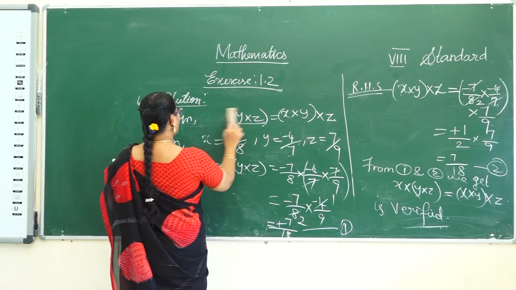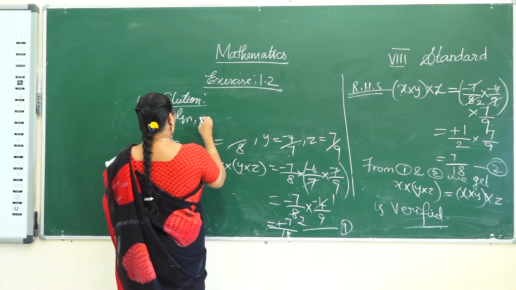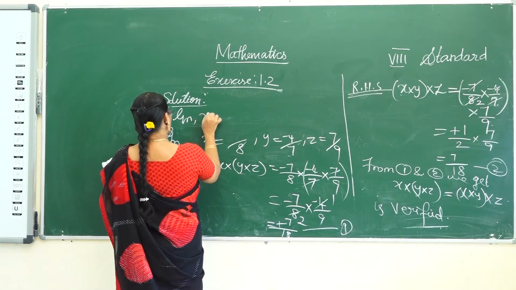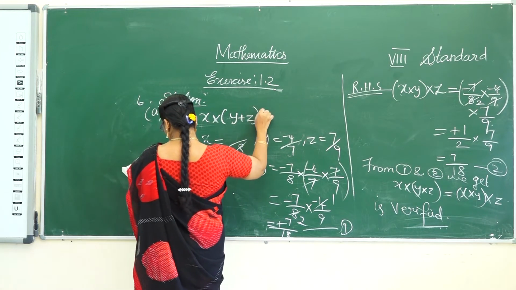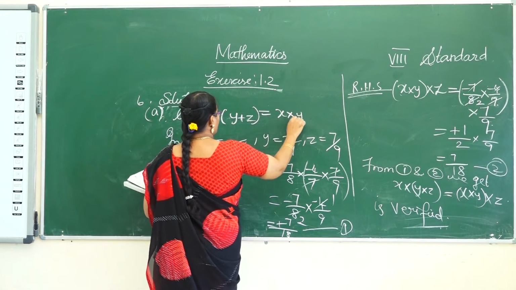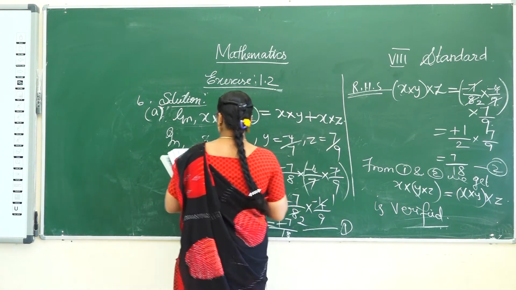Verify the property: the distributive property of multiplication over addition is given. So x into y plus z is equal to x into y plus x into z.